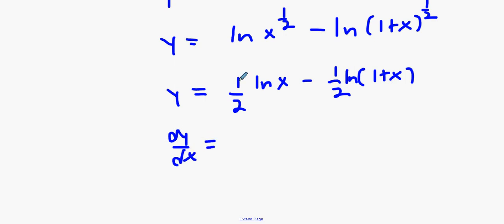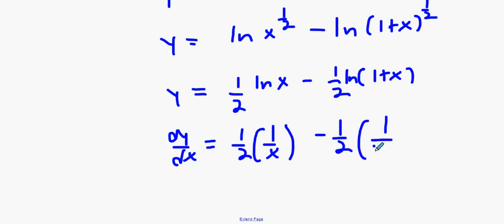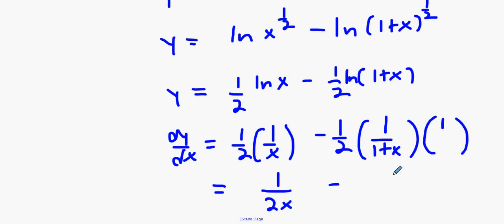So, leave the half alone and just 1 over x. Then leave the half alone. Then 1 over what it is. Differentiate what it is. And now we're very close to having this done. 1 over 2x minus 1 over 2 into 1 plus x.